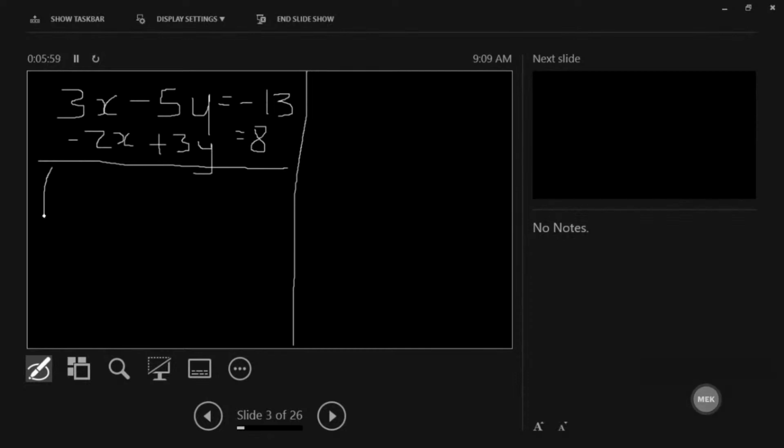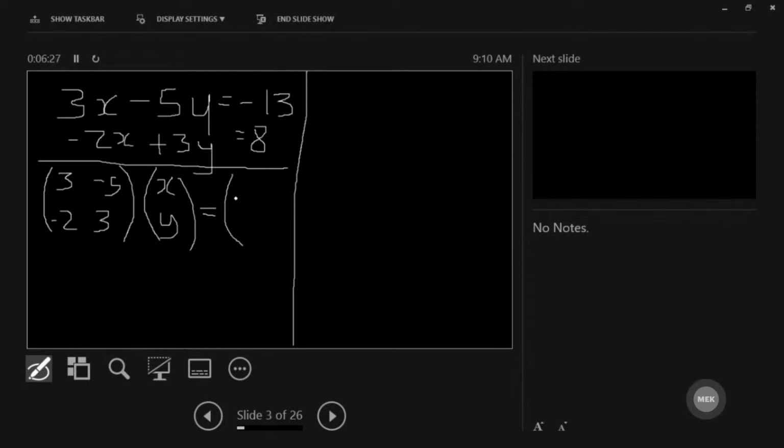So we'd put the terms: 3, negative 5, and negative 2, 3. And we'd multiply that by x, y, and we'd have negative 13, 8.